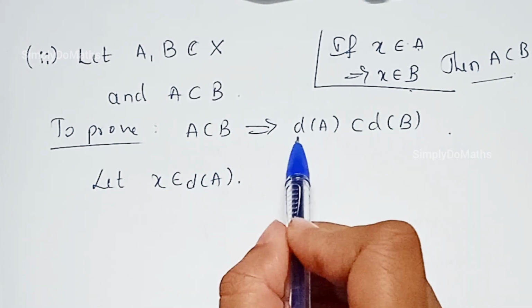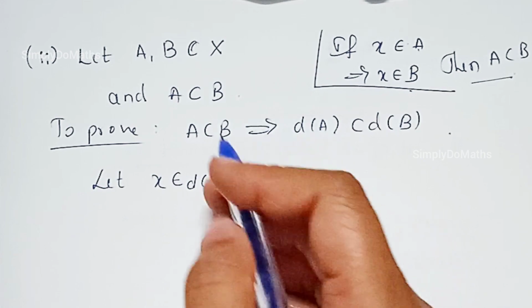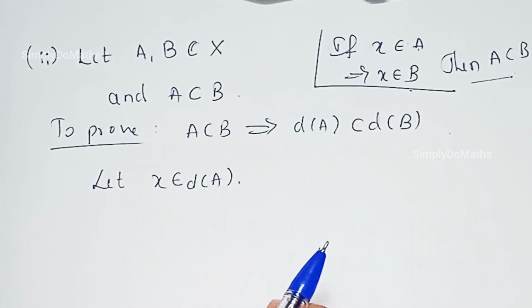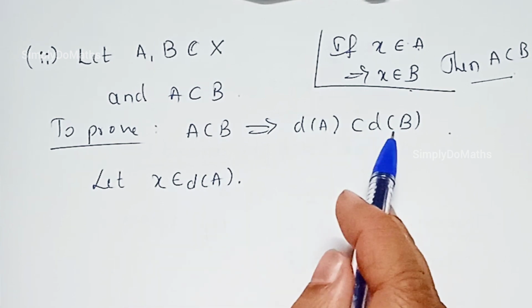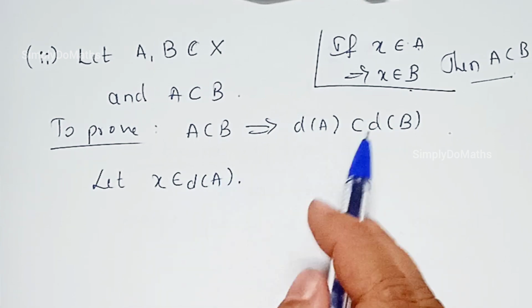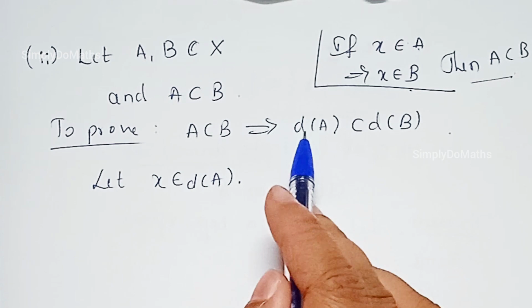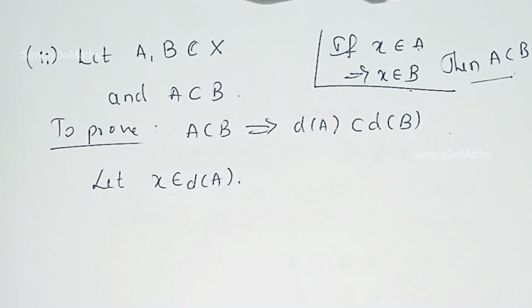We are considering x belonging to the derived set of A. By applying some conditions, we get x belongs to the derived set of B. Then we get the derived set of A will be a subset of the derived set of B. Let's do all these things.